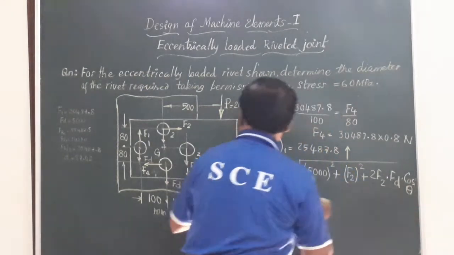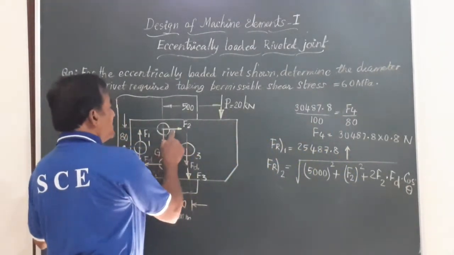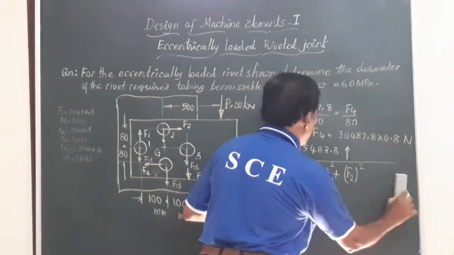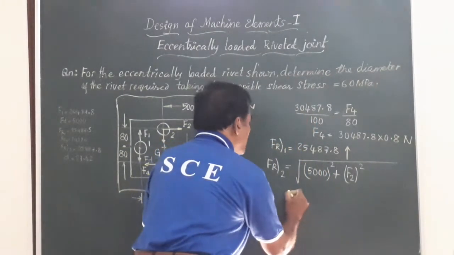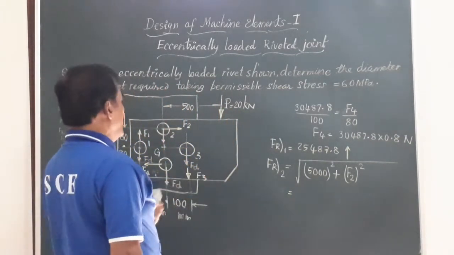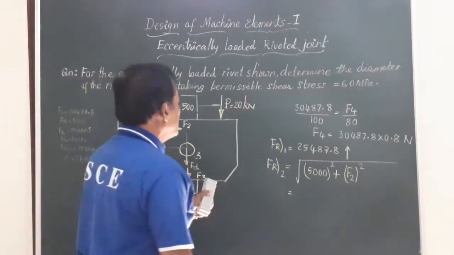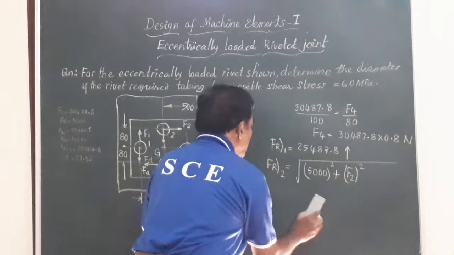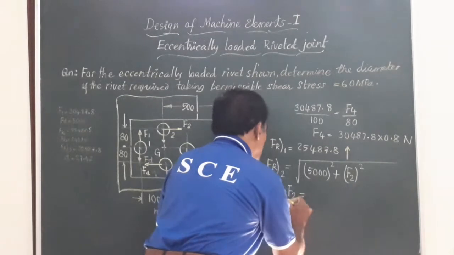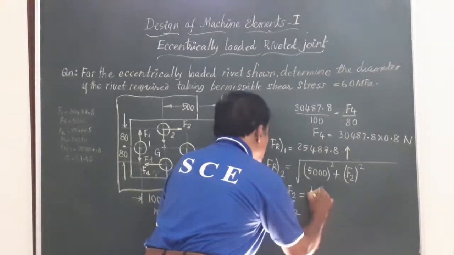This cos theta is this angle. Theta is 90 degrees, so this term will vanish. Fr2 can be obtained because we know Fr1, where F2 by L2 is equal to F1 by L1.